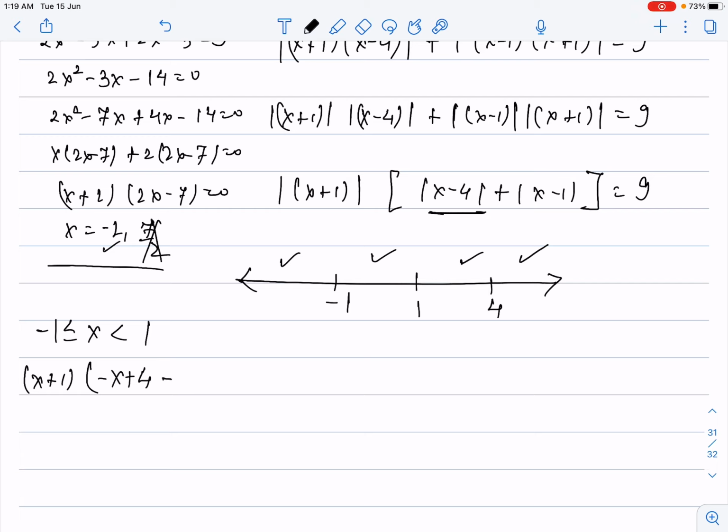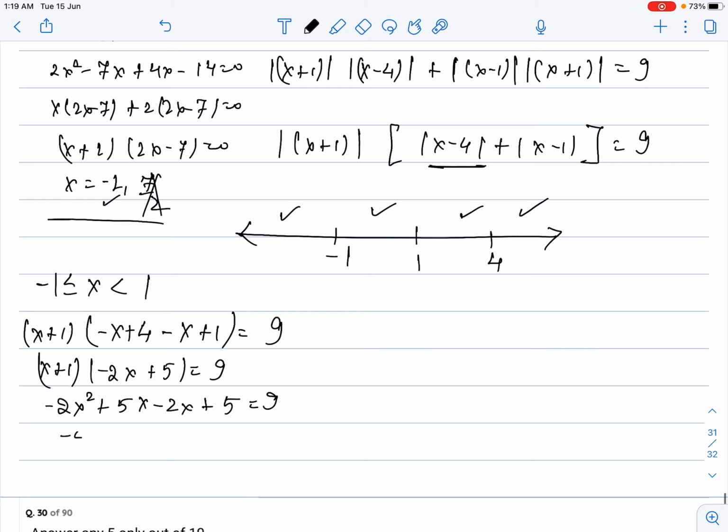And this will be opening with negative sign, so minus x plus 1 will be written by us, that is equal to 9. So x plus 1 multiplied by minus 2x plus 5 is equal to 9 it will be becoming. So minus 2x square will be coming, plus 5x will be coming, minus 2x will be coming, plus 5 is equal to 9. Then minus 2x square plus 3x minus 4 is equal to 0.